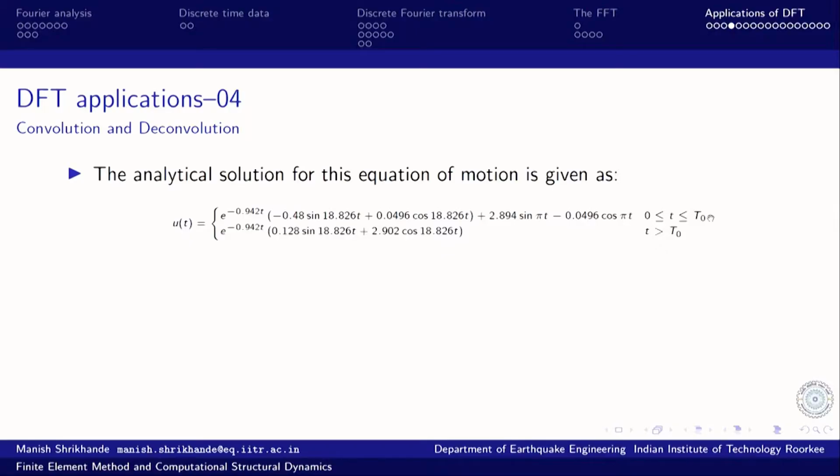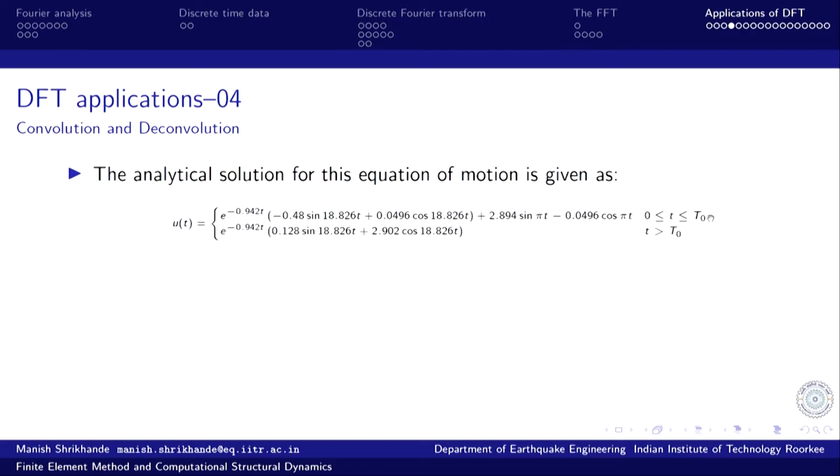So, the system starts from at rest condition, and after t naught, once the excitation has been removed, the oscillator will execute simple harmonic motion because of whatever is the velocity and displacement at the instant of removal of the excitation, that is at t naught.